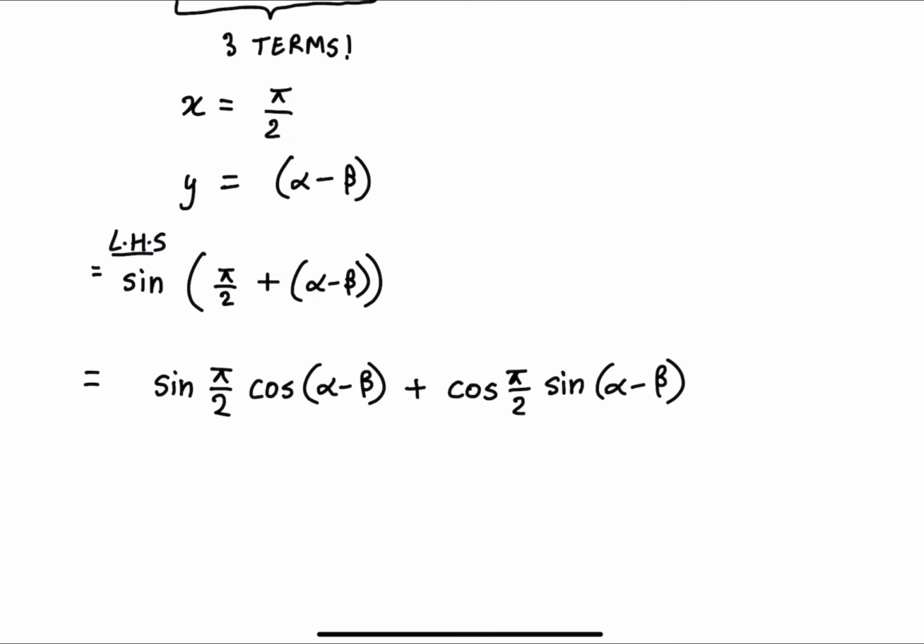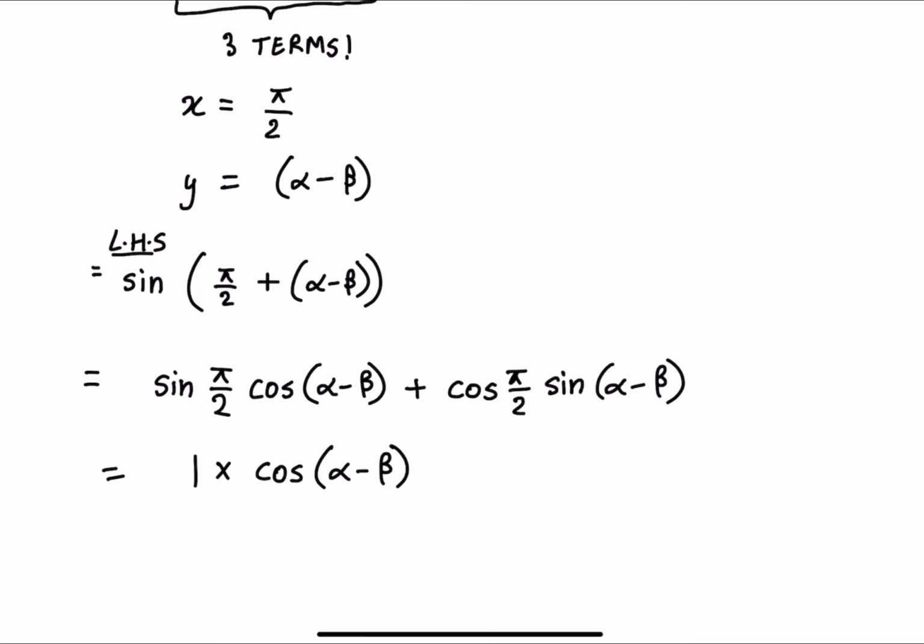Now, one thing I'd like to note is that pi by 2 is the same thing as 90, and we know the value of sine 90. It is 1, so this is 1 times cos of alpha minus beta. So we can go ahead and write that down. And then we have cos pi by 2 times sine of alpha minus beta.